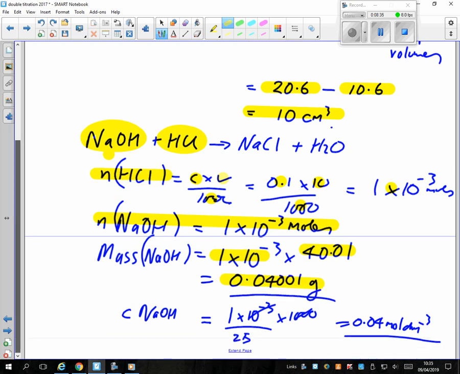And then if we want to find the concentration of the sodium hydroxide, concentration is number of moles over volume times 1,000. The volume is still 25, all right? The sodium carbonate was in 25, and the sodium hydroxide is in 25. So you should get around about 0.04 moles per decimeter cubed.